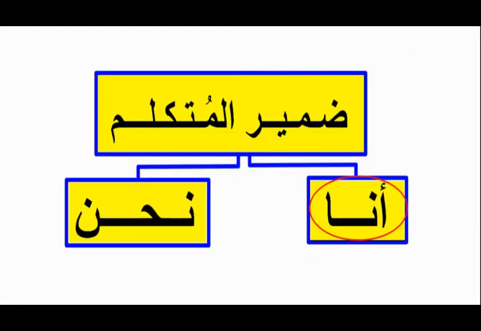As for nahnu, it does more than one thing. Let's talk about the first one, and that is to refer to two things. For example, we mentioned huma. You could say nahnu tilmidani. We are two students, and you could use nahnu because it's we.